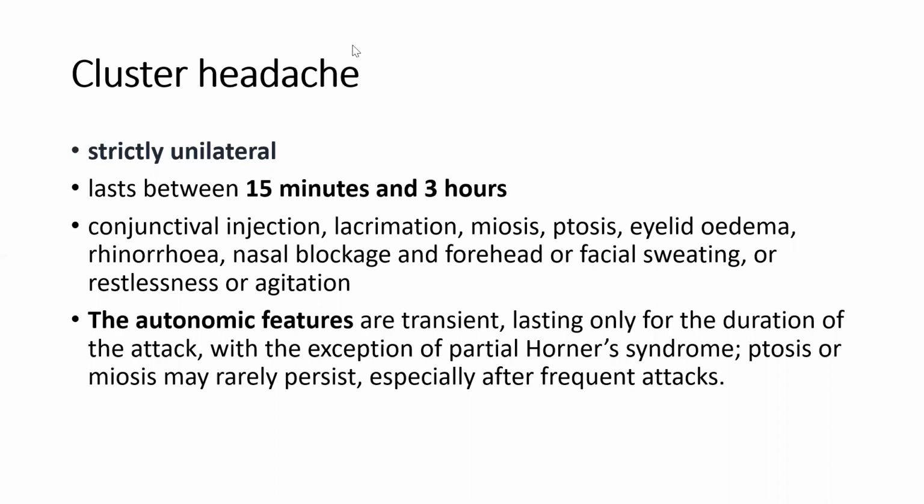And apart from being unilateral, all of those headaches will have some trigeminal autonomic symptoms. The autonomic symptoms are mostly parasympathomimetic. So in all these sorts of headache, we are going to expect some autonomic manifestations. That is the most important part.